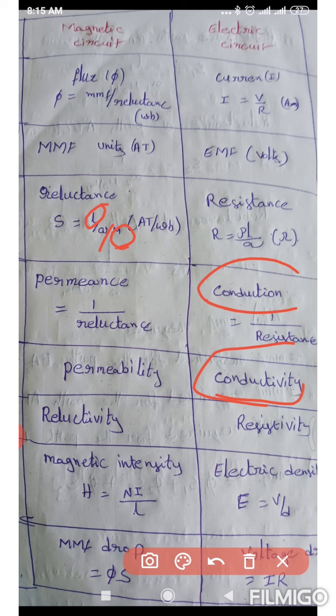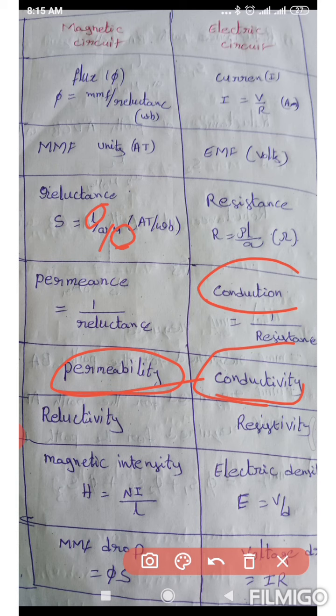Coming to the next point, conductivity means how much current is flowing through the given conductor. The similar term used in the magnetic circuit is permeability. That means it also allows the maximum flux through the circuit.